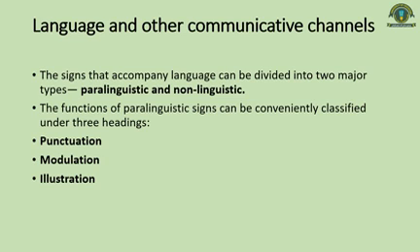And examples of paralinguistic signs can be the variety in voice, which includes abnormal volume, tempo, pitch, or voice quality, because all these things function as signs.